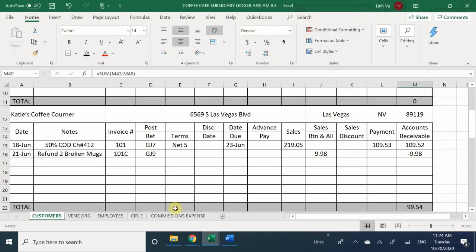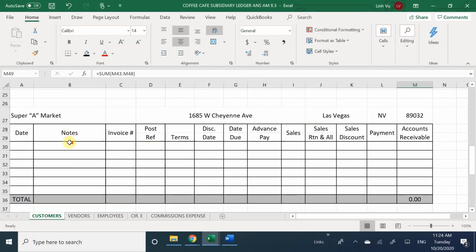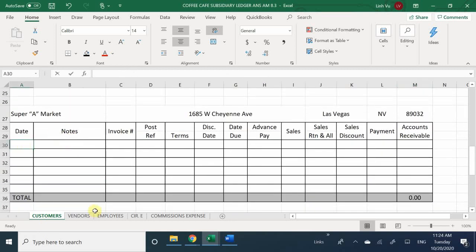Okay. So are we dealing with a customer, vendor, or employee? Customer first. All right, so here Super A should be the third box. Any notes? Do I need to write any notes for Super A?